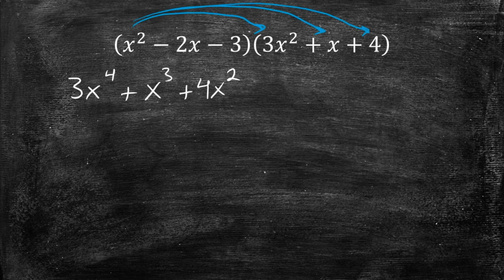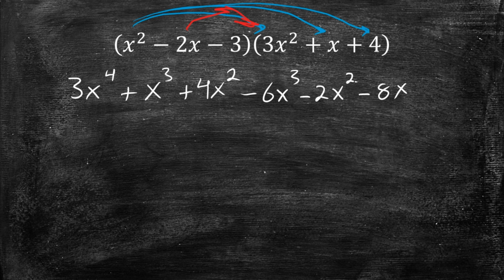Okay, now we're going to go ahead and multiply this negative 2x to everything inside the other trinomial there. And when we do that, we get negative 2x times 3x squared is negative 6x cubed, minus 2x squared, minus 8x.